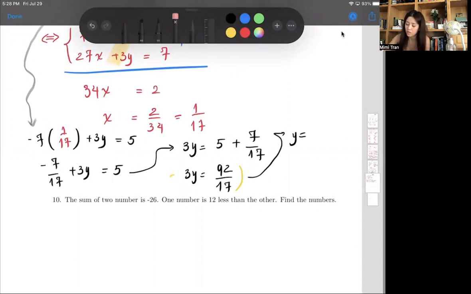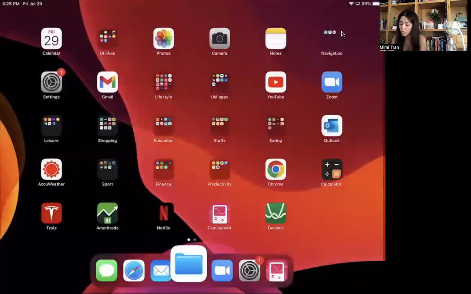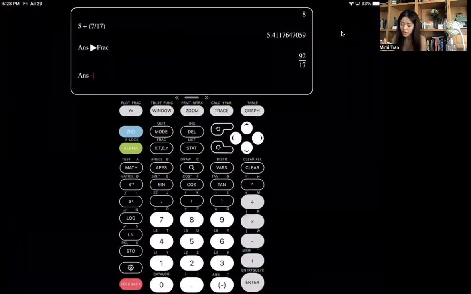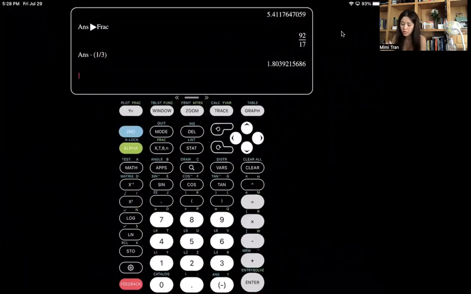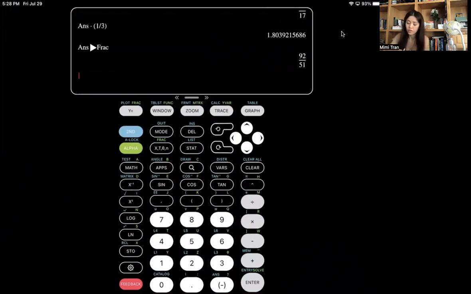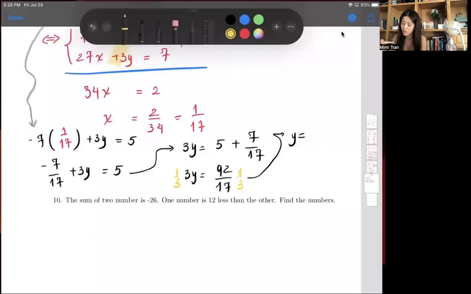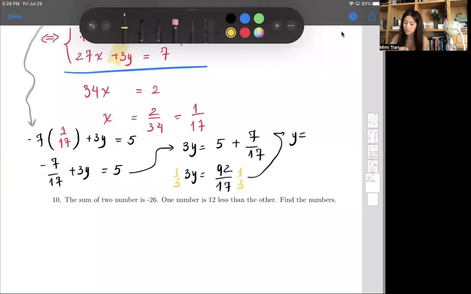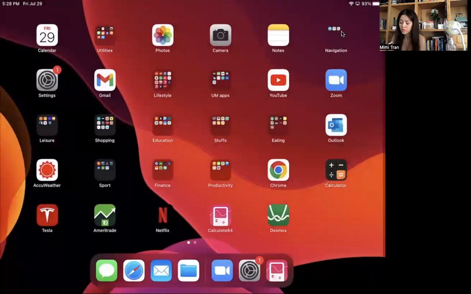Let me do this just nicer. 1 over 3, 1 over 3. And again, you can use calculator if you want. So times 1 divided by 3. 92 over 51. Oh, did I times or divide?